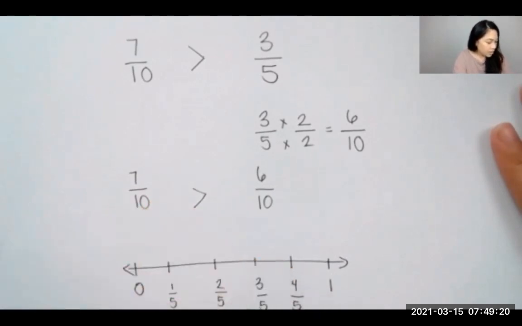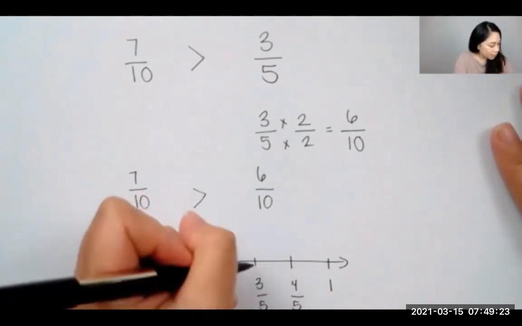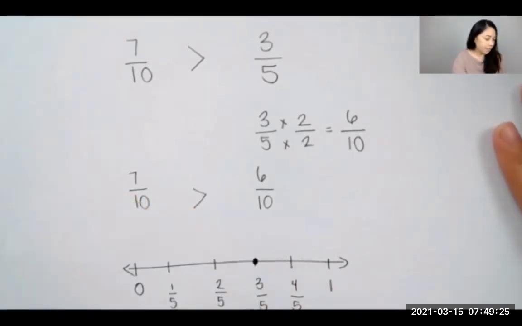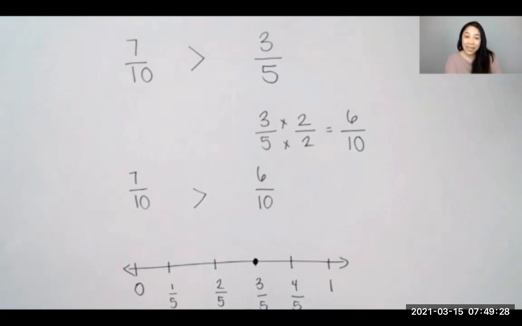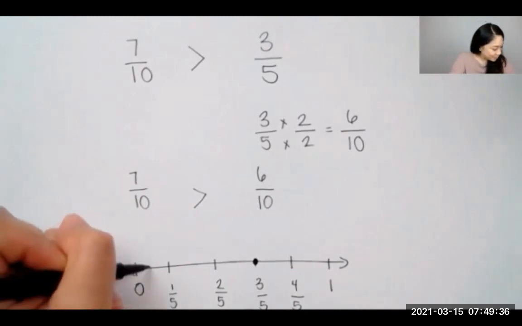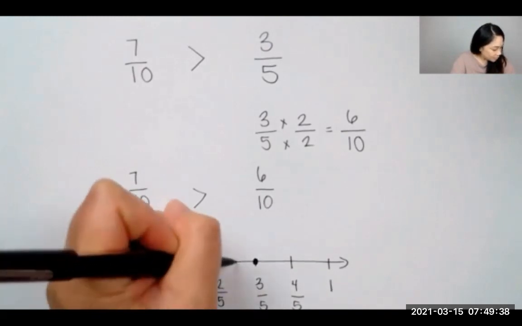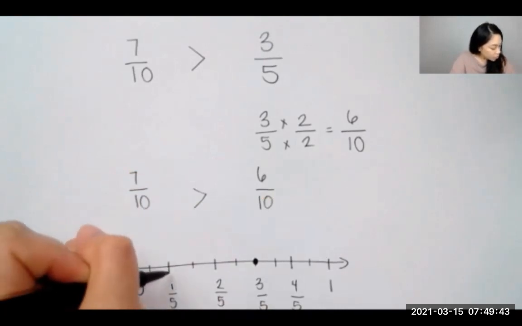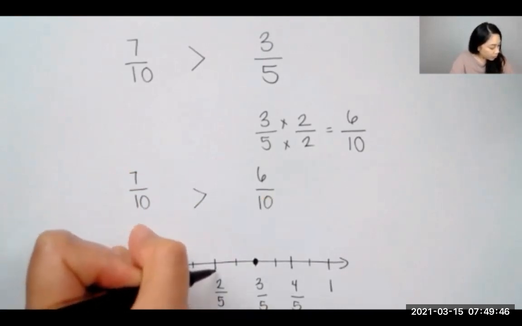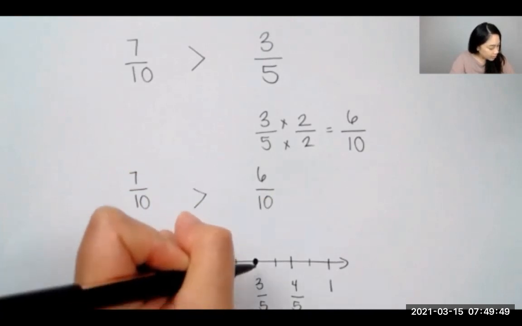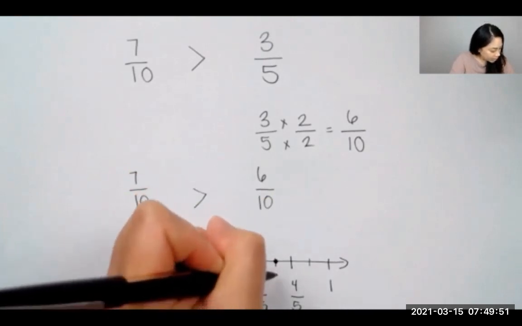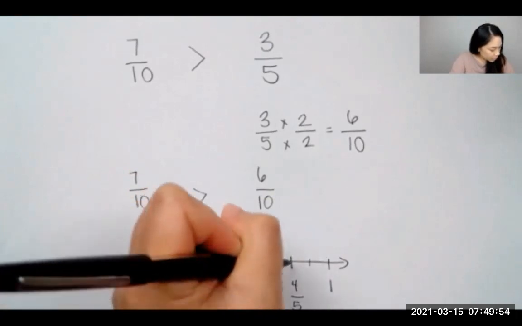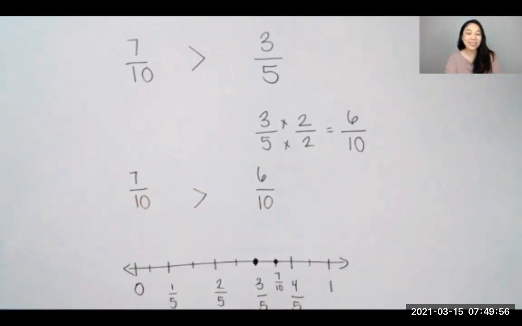4/5, 5/5, or 1. 3/5 is right here. Next, I'll decompose the line into tenths to show where 7/10 would be. 1/10, 2/10, 3/10, 4/10, 5/10, 6/10, 7/10, 8/10, 9/10, 10/10.